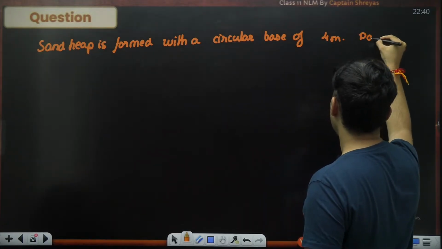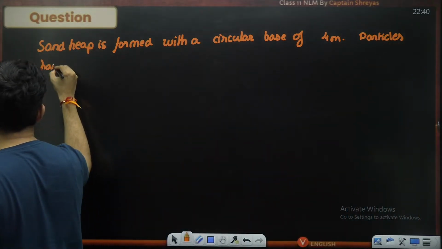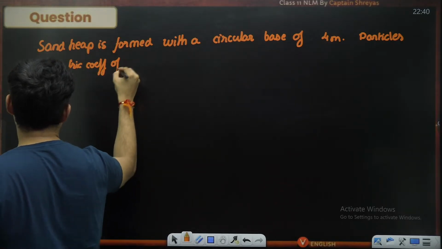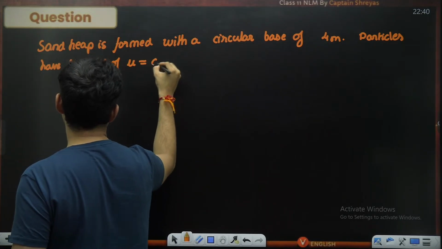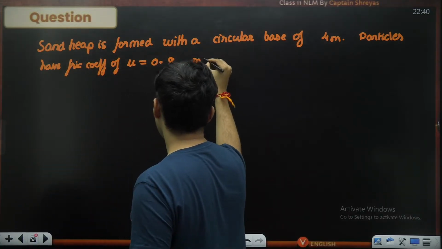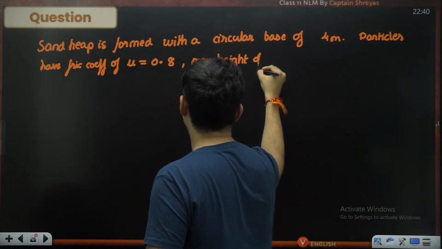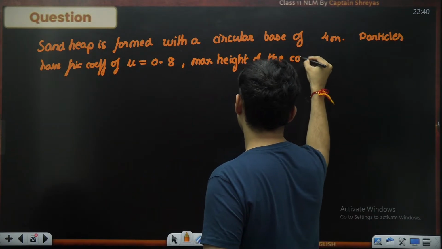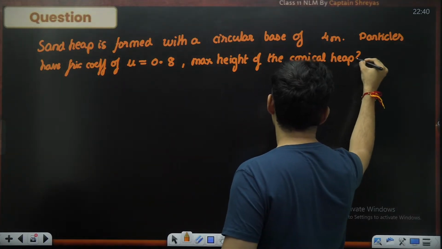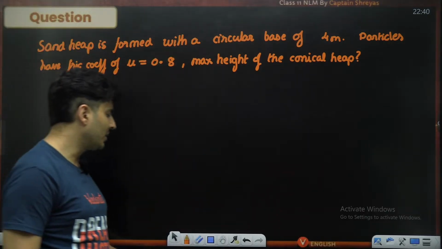If the particles have friction coefficient mu equal to, let's say, 0.8, what's the maximum height of the conical heap of sand which you can form?